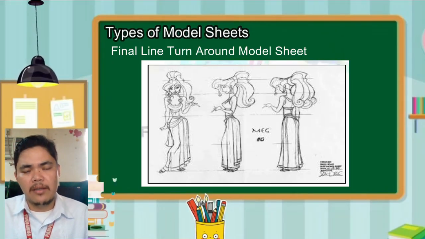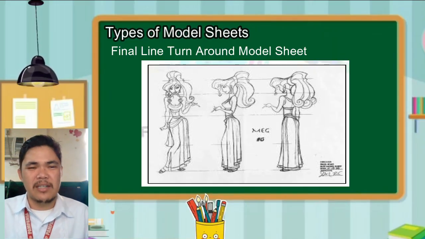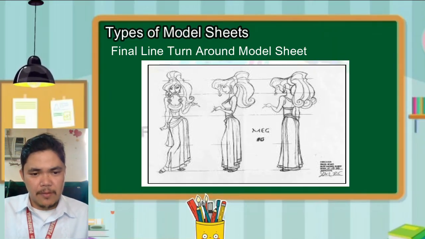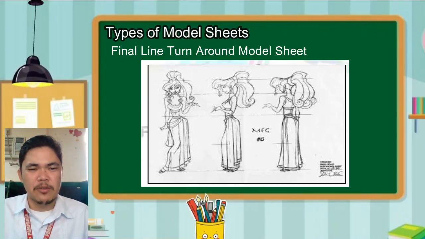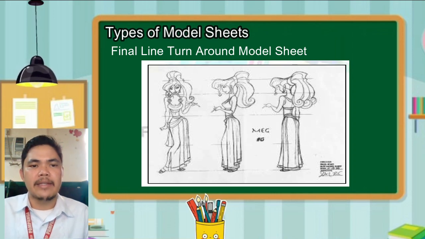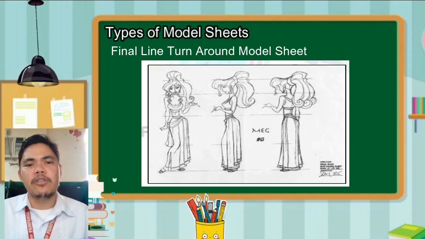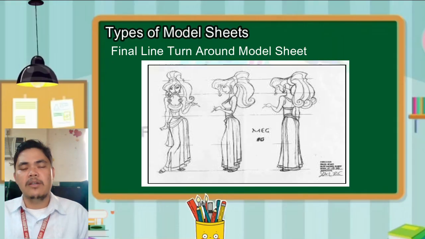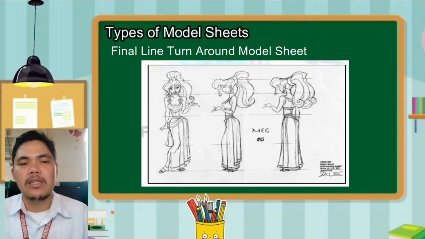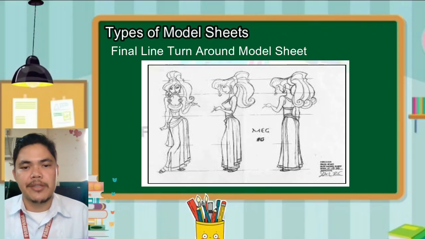Yung size ng kanyang kamay, okay, yung size ng kanyang mga daliri, okay, what else? Yung pagtayo niya, dito, makikita natin, kasi kung diretso lang to, no? Hindi natin makikita yung size ng legs niya, kung diretso lang yung pagkakatayo ng character natin. Okay? So in creating model sheet, it is important that you can create not just a straight pose but lagyan natin ng konting movement yung ating model sheet.